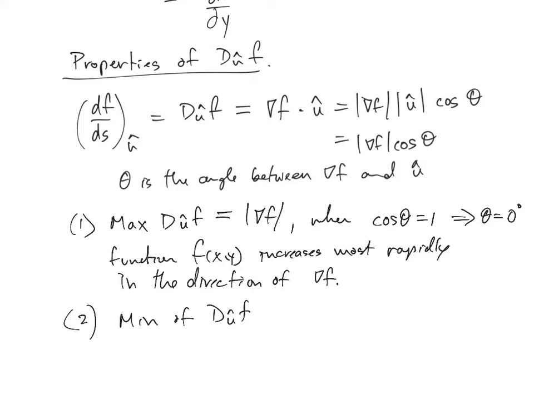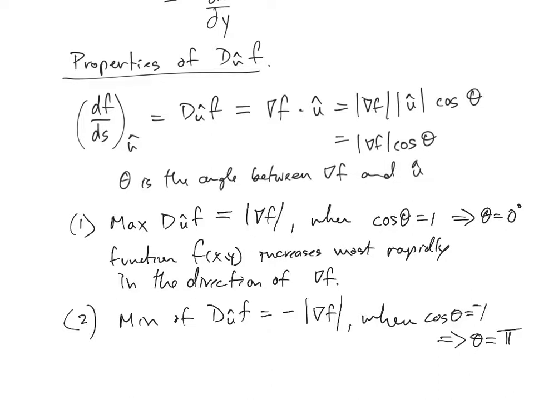So the min of du f is equal to what? Negative of the magnitude of the gradient vector. And we get that when cos of theta is equal to -1. And at what angle is the cos of theta equal to -1? Pi.